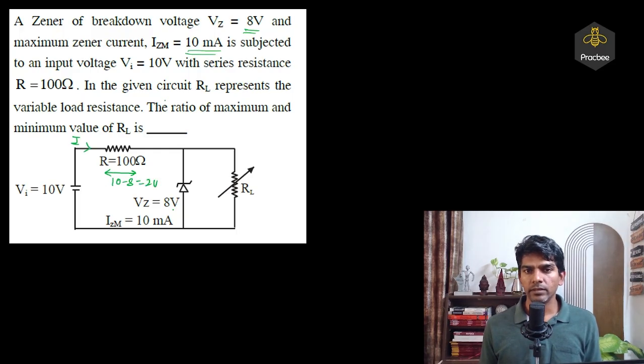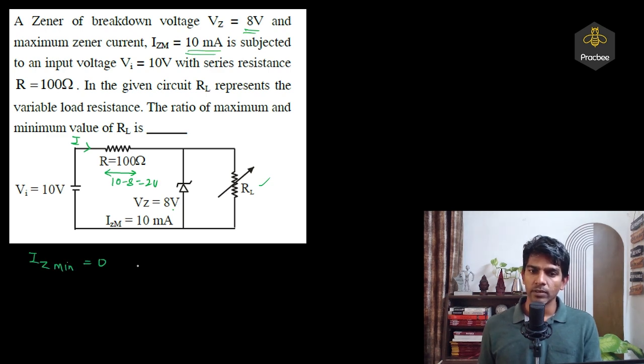And in the given circuit, RL represents the variable load resistance, the ratio of maximum and the minimum value of RL. So we have to find RL range, basically the minimum and the maximum value, right? Again in this question minimum Zener current is not given, so you'll assume it is 0. So Iz minimum will be 0, right?